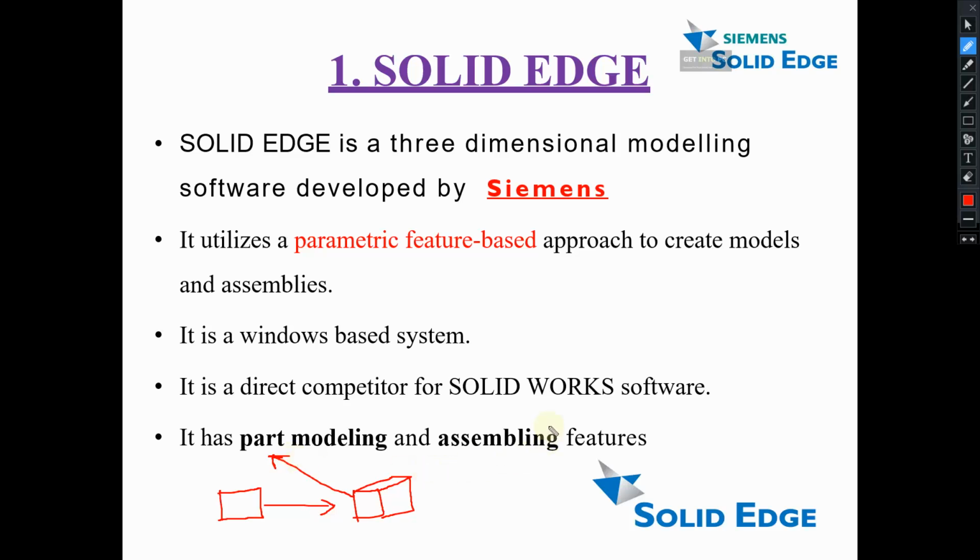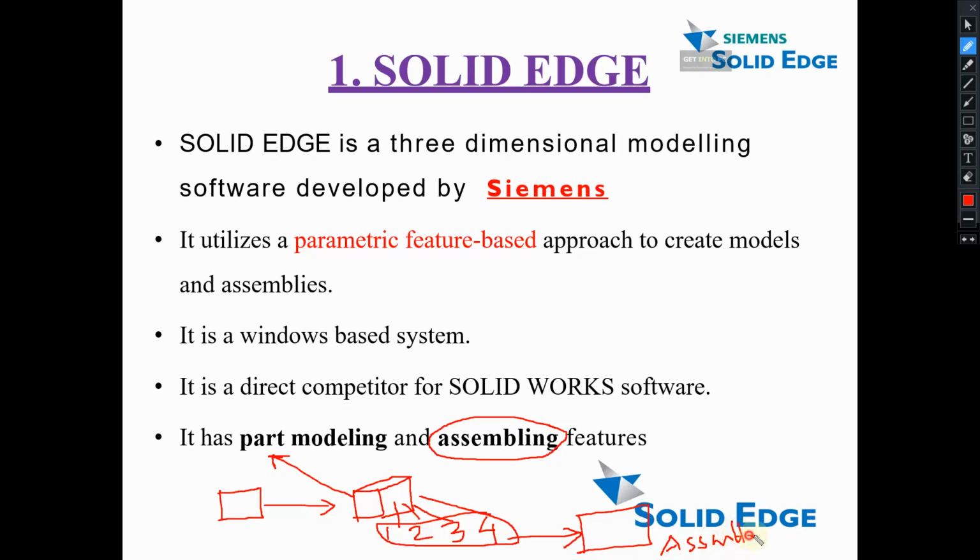If you have to create an assembly using a number of parts, you create the different parts individually. Suppose there are 4 parts which make up an assembly. You create each of the parts individually as different files, and then you bring all these files into a single place known as the assembly workbench.